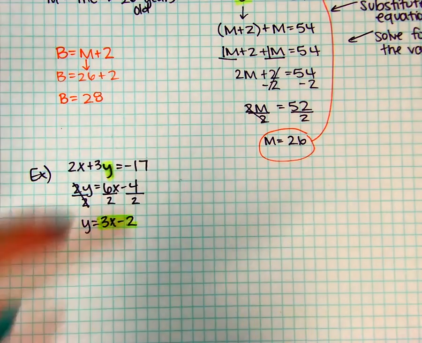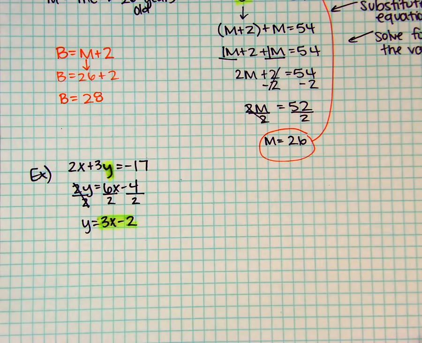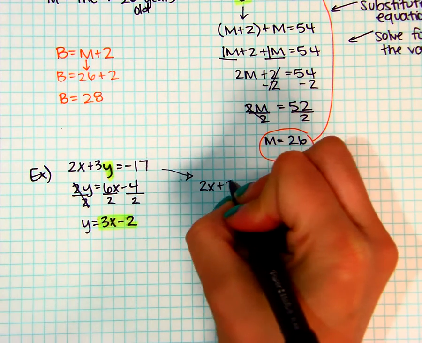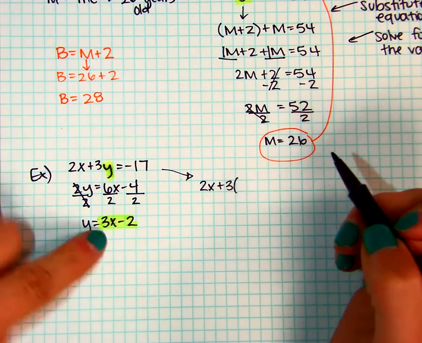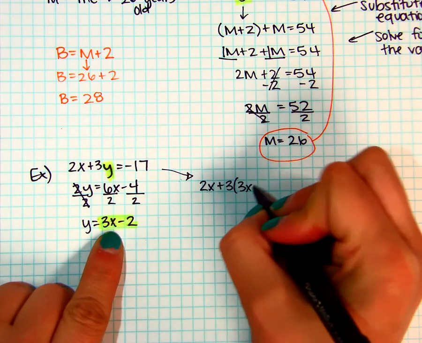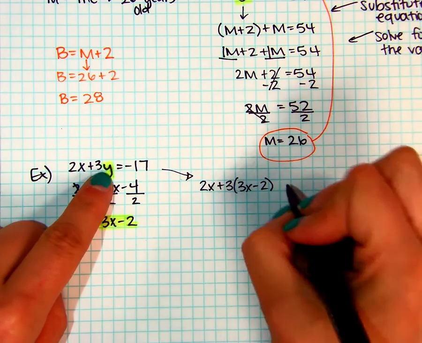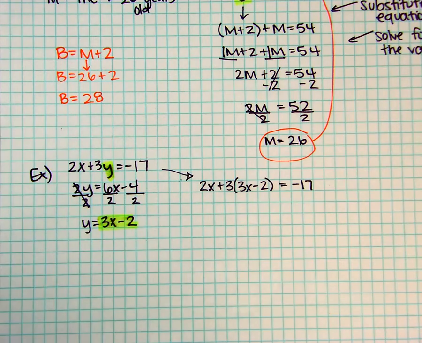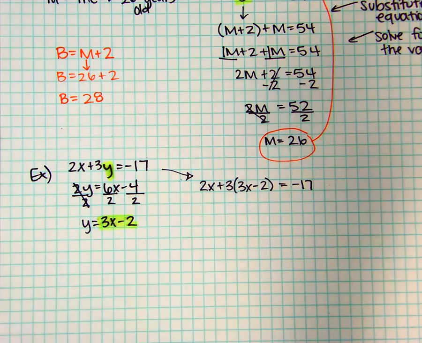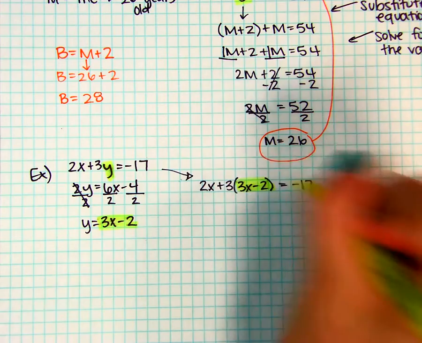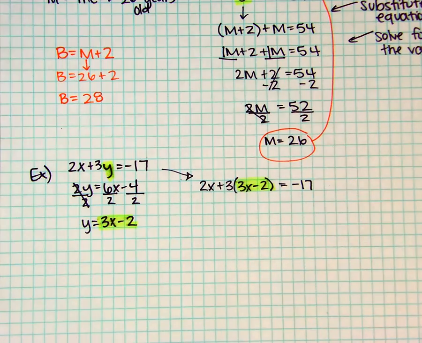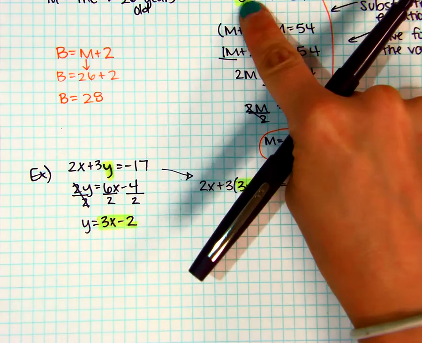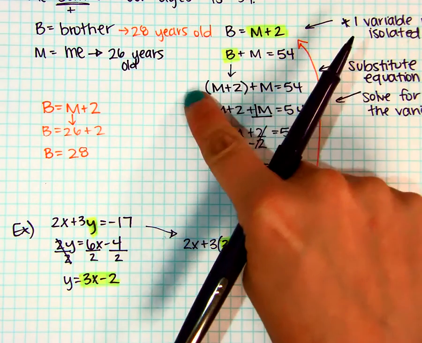So I can plug that y, this expression, in for up here. So I'm going to come on over here and say 2x plus 3 parentheses, I'm going to plug this whole thing in, equals negative 17. Again, I'm just plugging it in for the y. Now, up here, we didn't have a coefficient in front of b, so we didn't have to distribute.